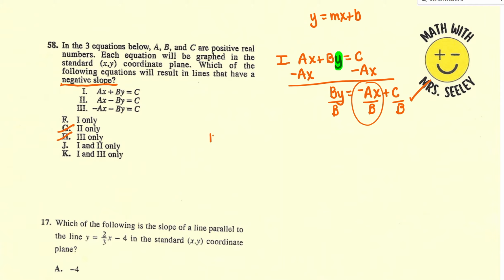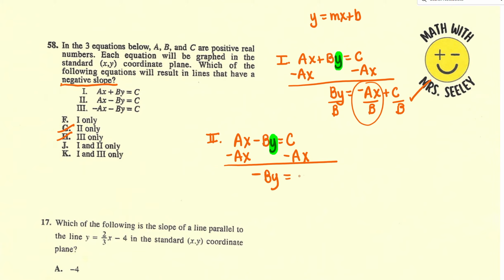Okay, let's take a look at Roman numeral 2 line. It says ax minus by is equal to c. And again, I need to solve it for y. It needs to be all by itself so that it can be in the correct form to look and tell. Subtract ax, subtract ax. That's going to bring down and bring your face with your body.